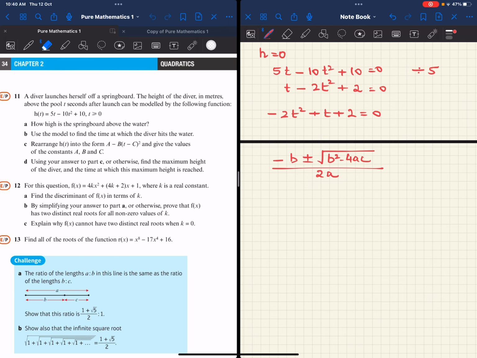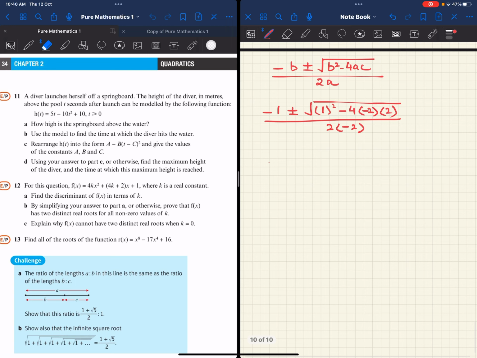So minus b, where b is the coefficient of t, which is 1. So minus 1 plus or minus square root of 1 squared minus 4 into a into c, all of that divided by 2 into a.